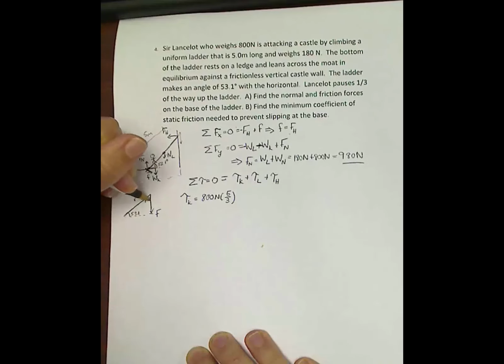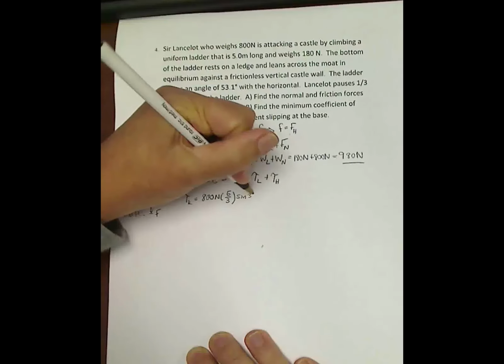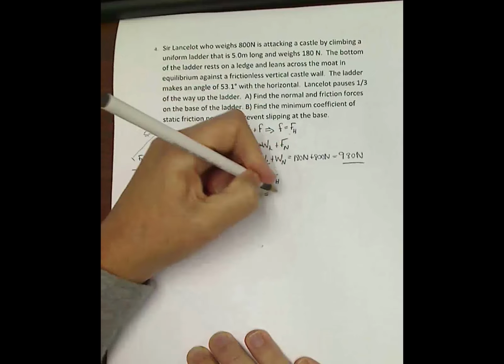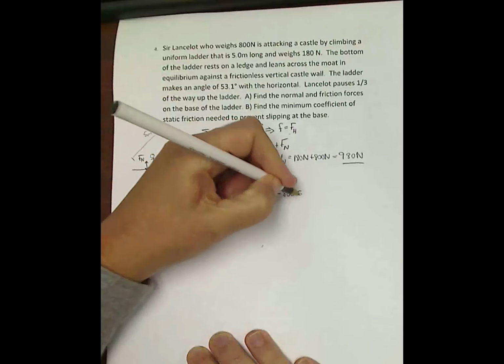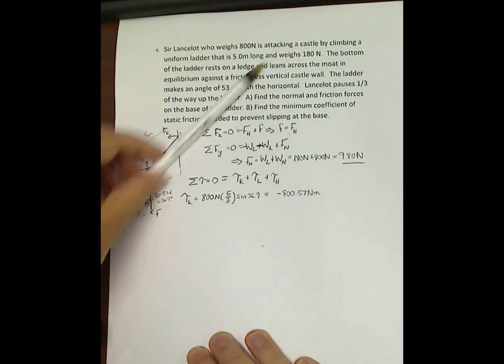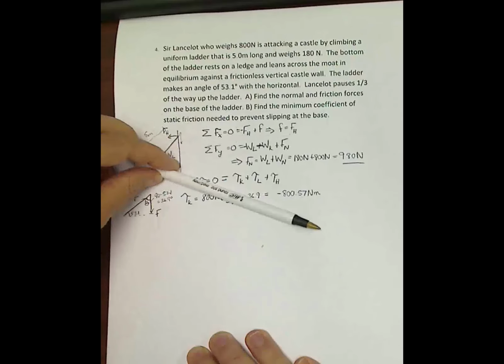The angle that I need to use in my sine theta is this one here. So this angle is 90 minus 53.1, so that's 36.9 degrees. So I've got sine of 36.9, and I get negative 800.57 newton meters. And I put the negative in because, again, it would tend to rotate clockwise.